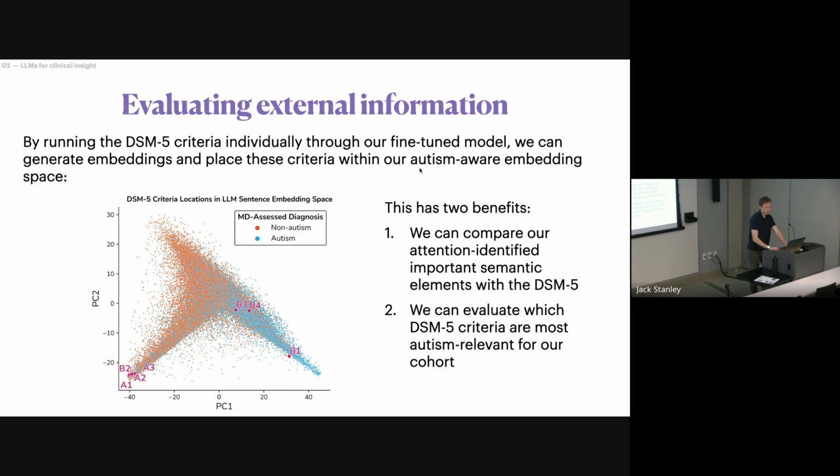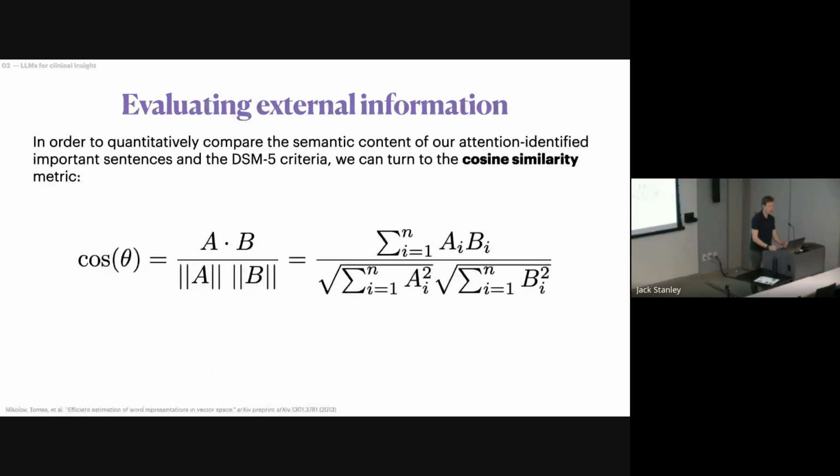So again, this has 2 benefits, because we can compare our attention-identified important semantic elements with the DSM-5, and on the other side of the coin, we can also evaluate the DSM-5 criteria. We use the cosine similarity to compare semantic content of the attention-identified important sentences from our reports and the DSM-5 criteria.